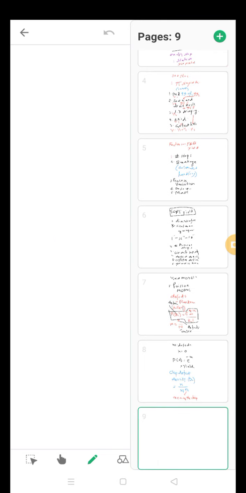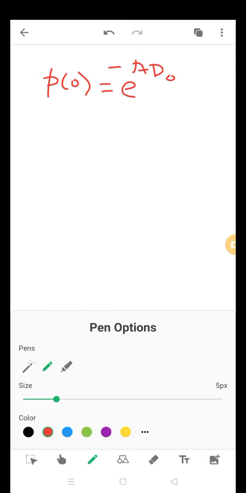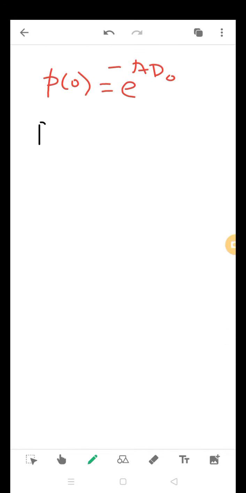And so again this P0, according to this equation, is equal to e to the power minus A into D0. Now based upon these yield models, we have the pack yield, or packaging yield.